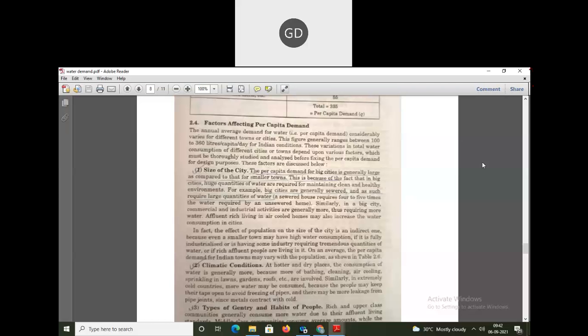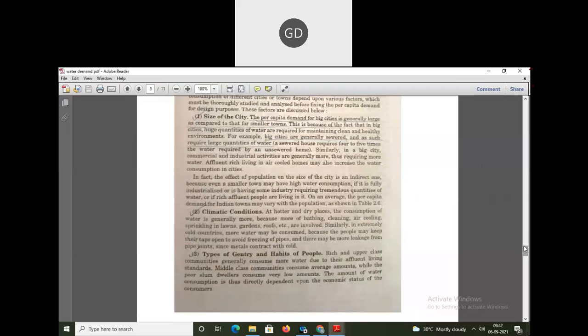And next, the amount of water you use also depends upon the habits of the people. If somebody is rich, or belongs to an upper class community, they will use water more, without being affected.